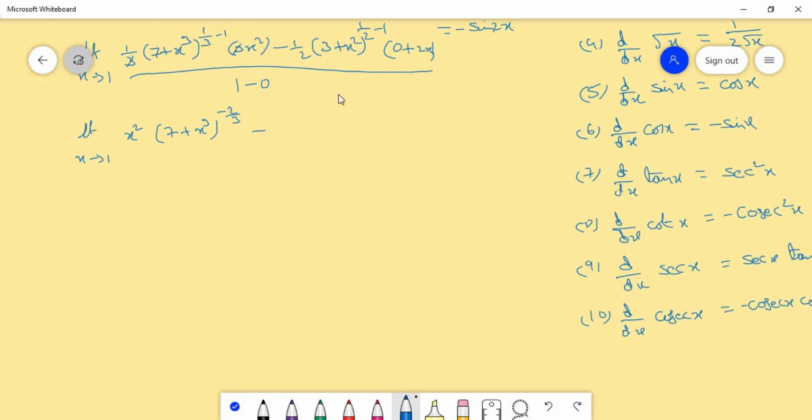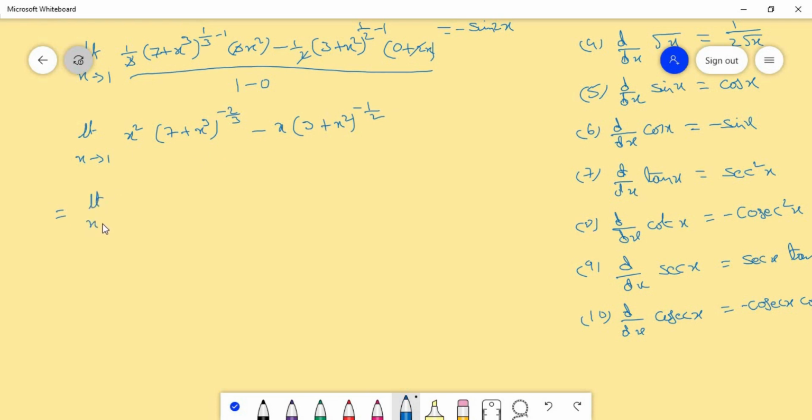Minus 2 will cancel here, and x into 3 plus x square whole power minus 1 by 2, whole divided by 1.